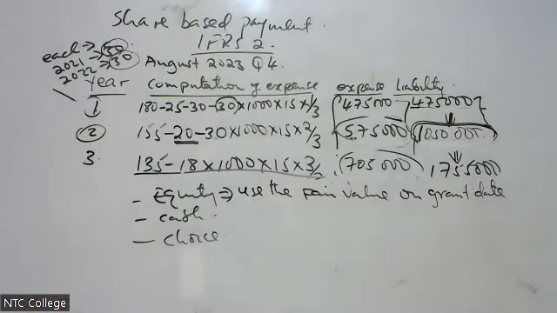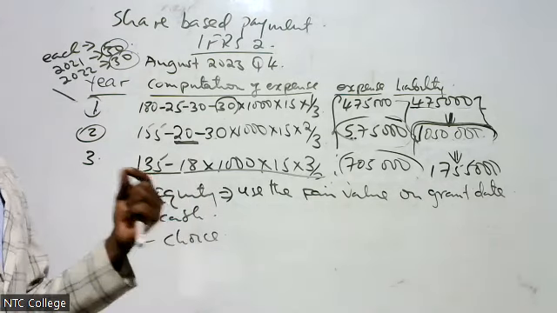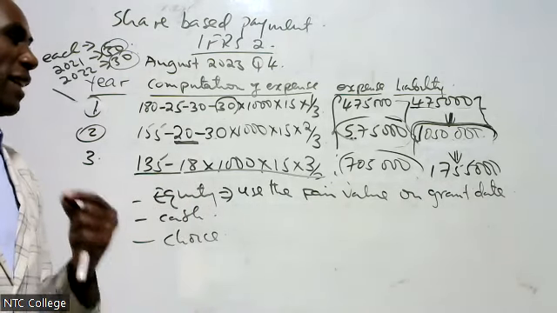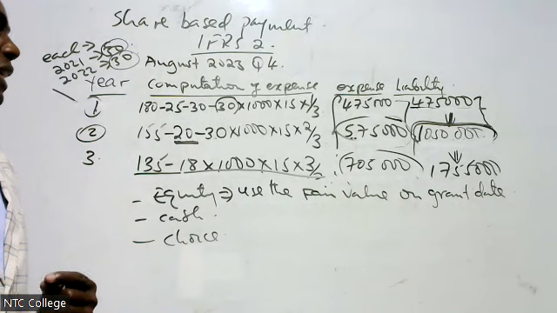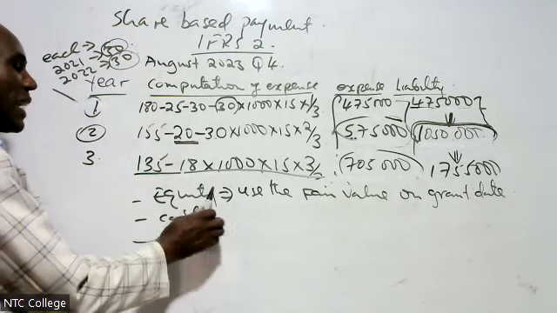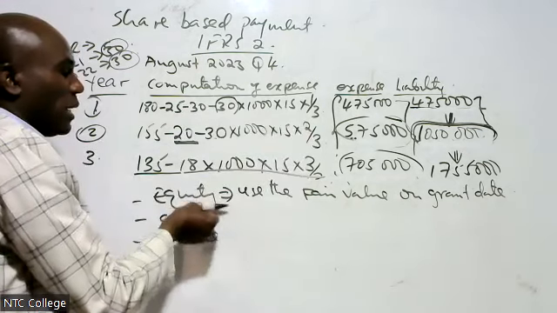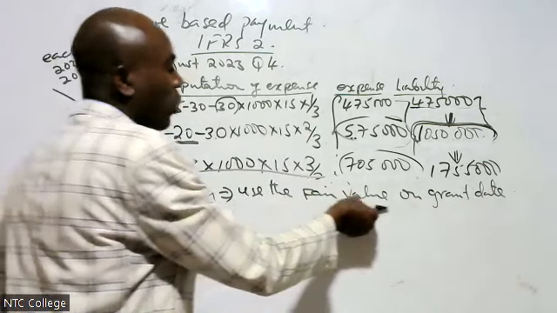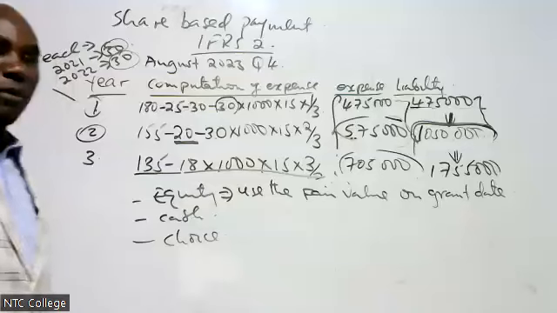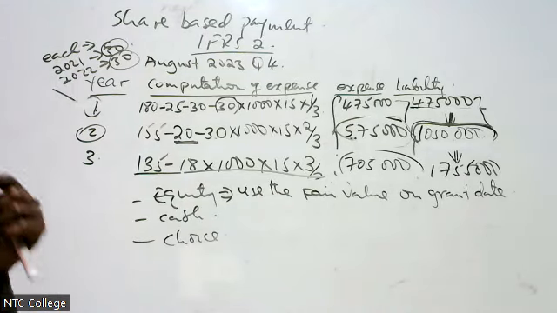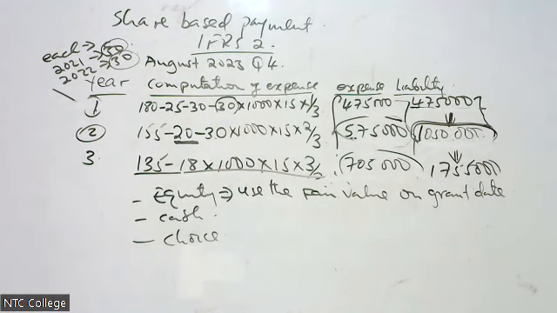When you are calculating the expense under equity settled, listen very carefully, because this is also very critical. It is very critical, so you better listen. When I'm calculating the expense like this one under equity settled, I will use the fair value on grant date. Therefore, I will only use one fair value.